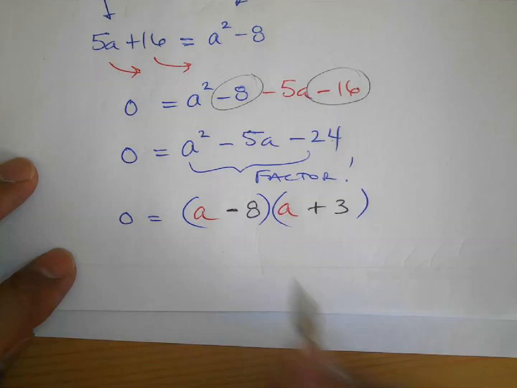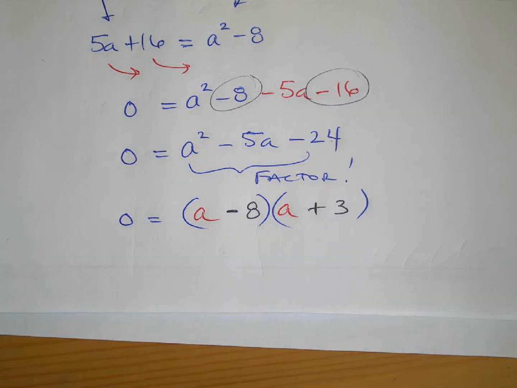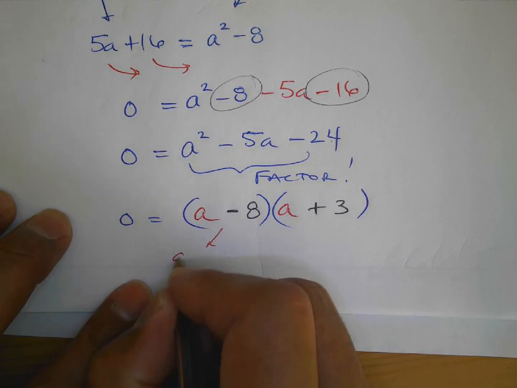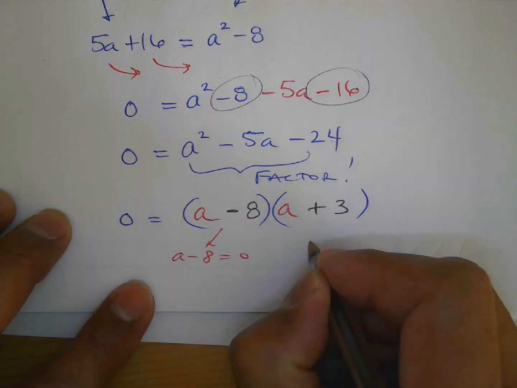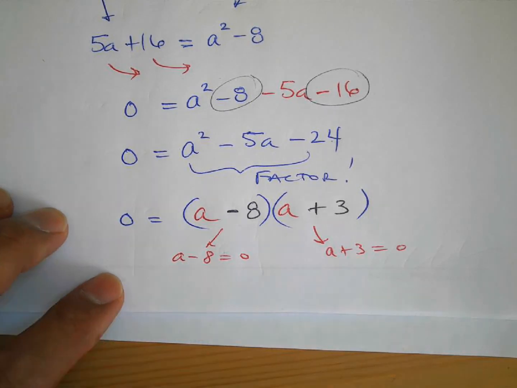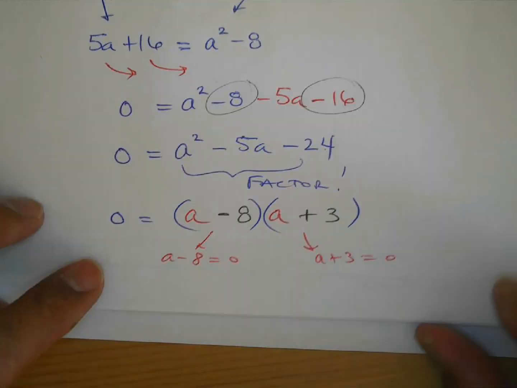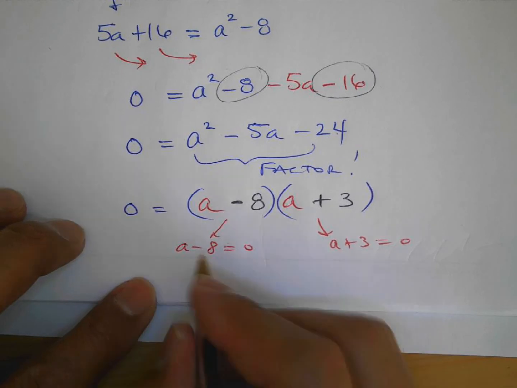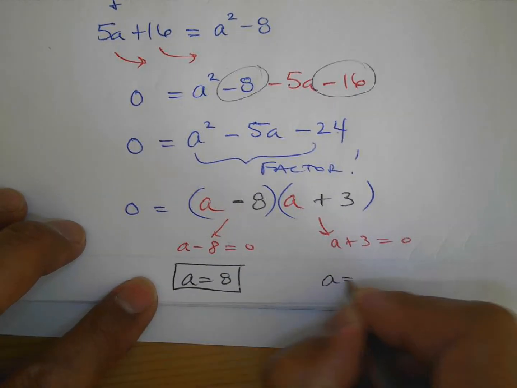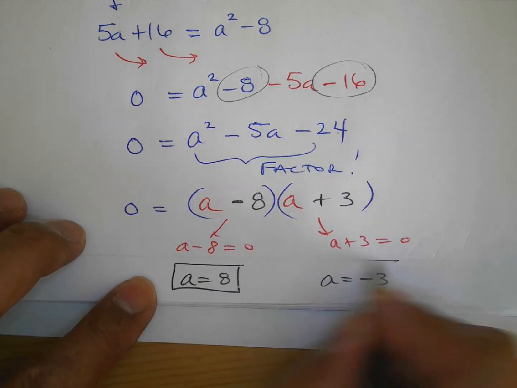All right, and then from here we're going to get our two answers. This one's going to be a minus 8 equals 0. This is going to be a plus 3 equals 0. Some of you have a shortcut and you know how to do that. Great. But show your work. Here we go. So you get a equals positive 8 now, and a equals negative 3.